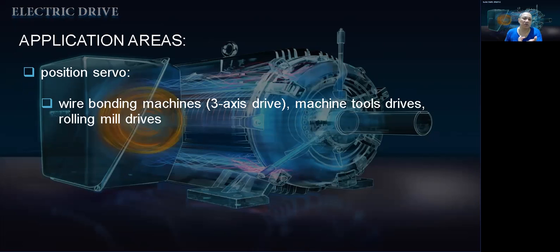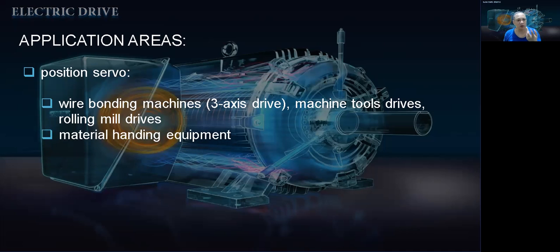Like wire bonding machines, how a wire is connected to one point and then moved, and at the same time bonded to another point. This is a very small wire bonding. Machine tools, in Indonesia we call it bubut. Machine tool drives, how to shape something, how to carve something. And rolling mill drives and so on.